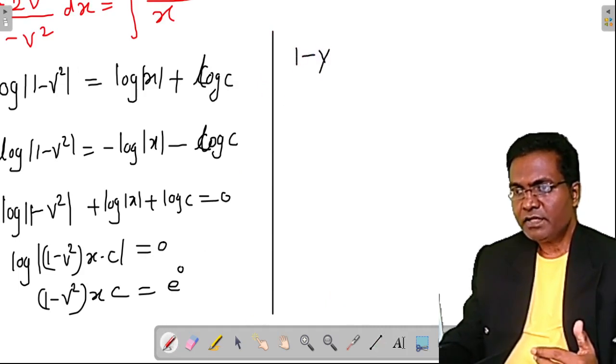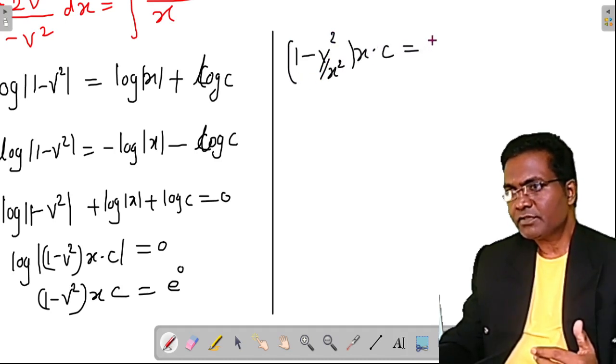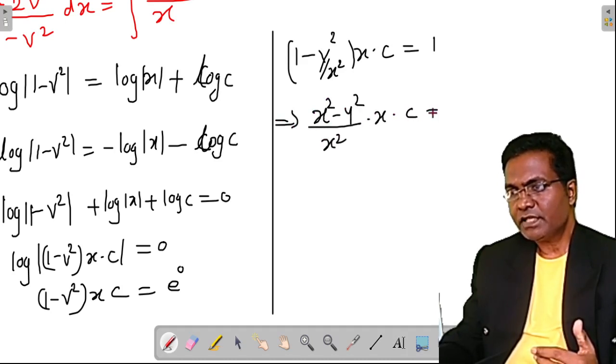So 1 minus v means 1 minus y square by x square, into x into c equals 1. Take the LCM: (x square minus y square) by x square, into x into c is equal to 1.